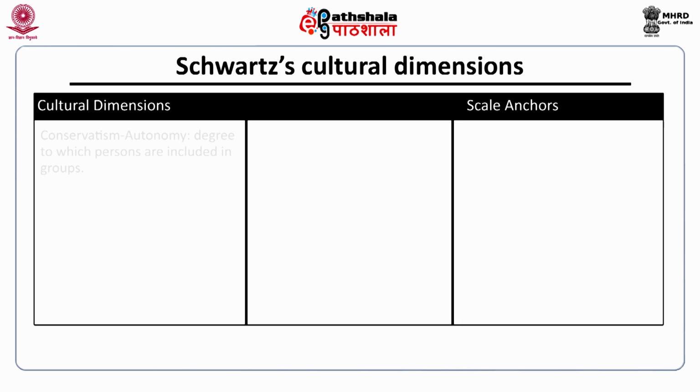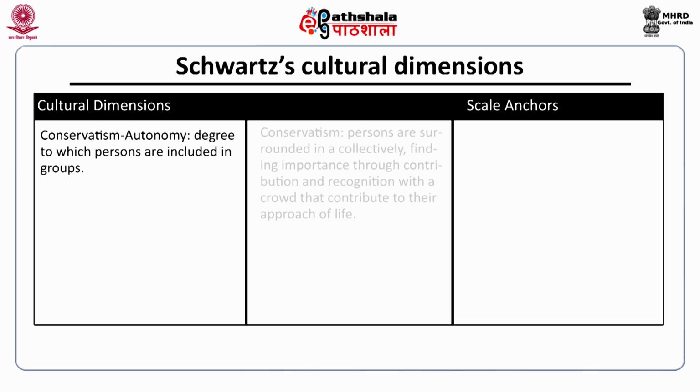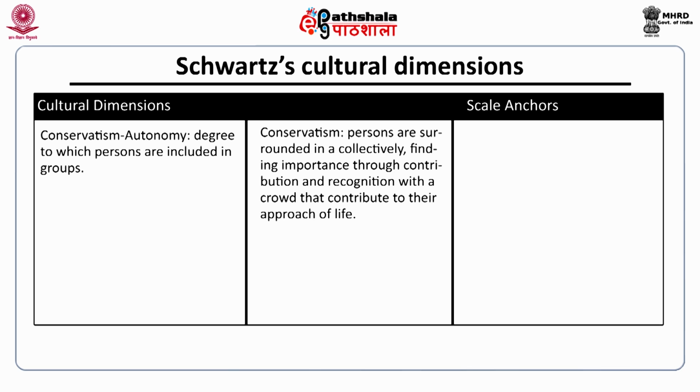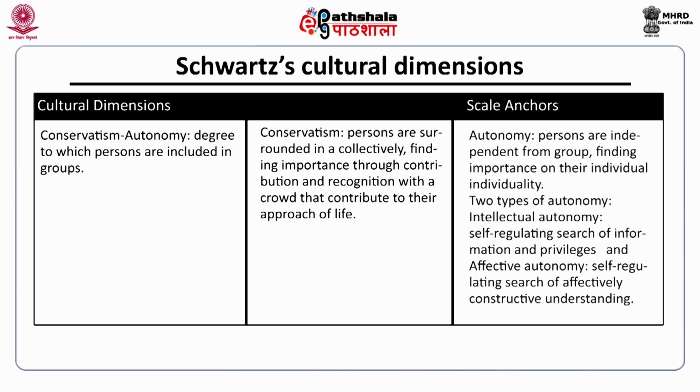Schwartz's cultural dimensions include conservatism and autonomy, the degree to which persons are included in the group. In conservatism, persons are surrounded collectively, finding importance through contribution and recognition within a crowd that contributes to their approach of life. Another scale anchor is autonomy.